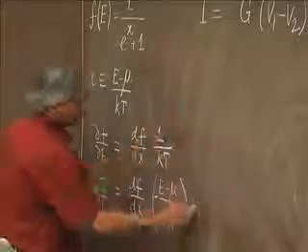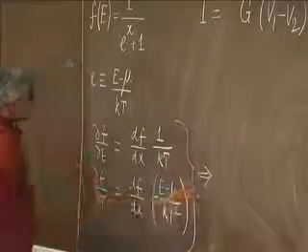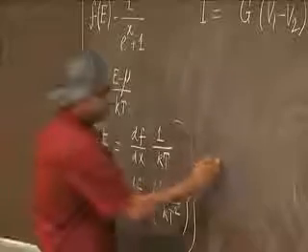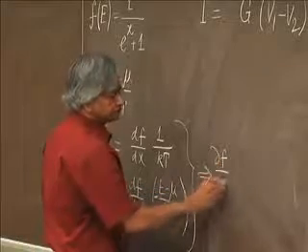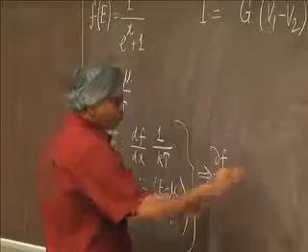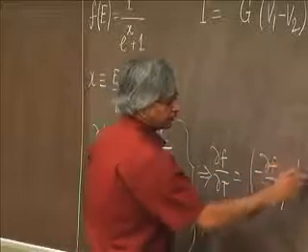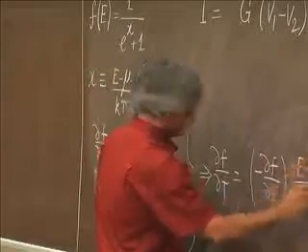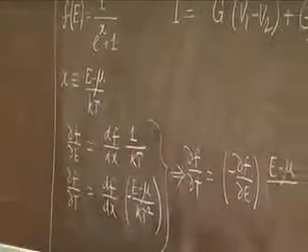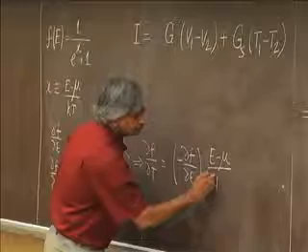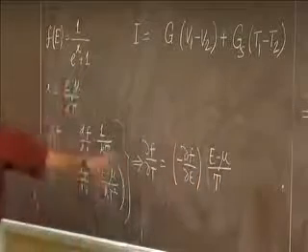So between them, what I can see is that del F del T is equal to minus del F del E times E minus mu over T. Okay, so this is the algebra.